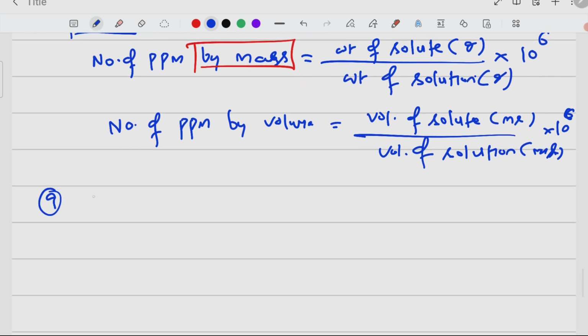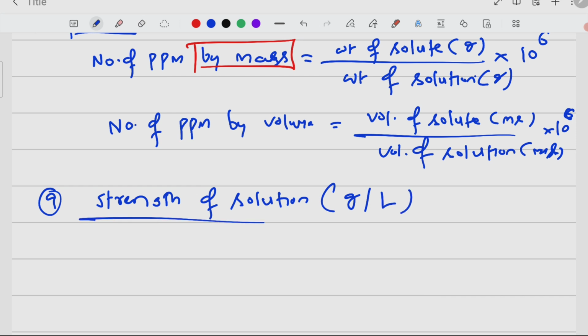Next, strength. Sometimes they specify strength of solution. How do we calculate strength of solution? Strength of solution we especially mention in gram per liter.